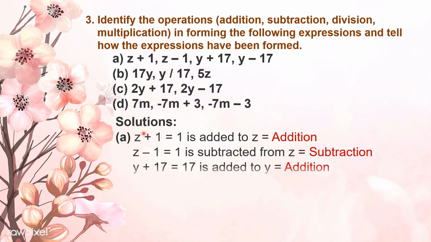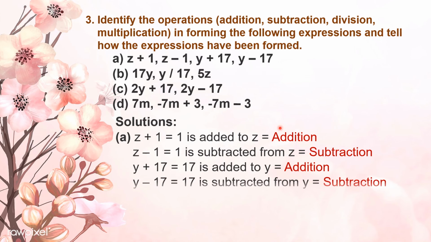Because 1 is added to g. So you should write like this. g minus 1, 1 is subtracted from g. So subtraction. Here y plus 17, 17 is added to y. So the operation is addition. y minus 17, 17 is subtracted from y. So subtraction is used.